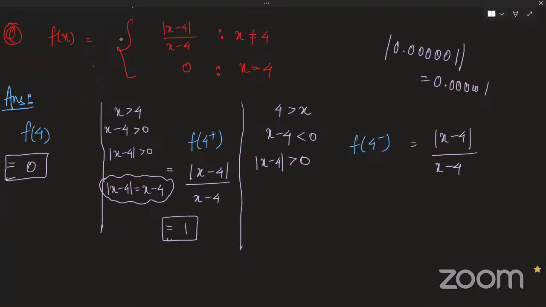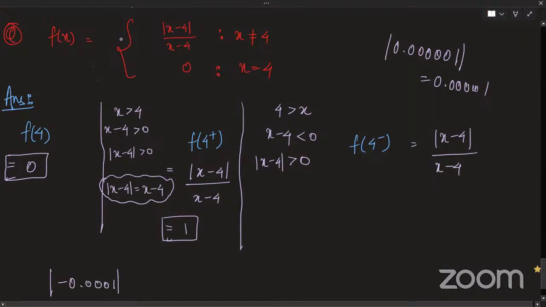So what will happen now to my x minus 4 and mod of x minus 4? My x minus 4 is lesser than 0 and my mod of x minus 4 is greater than 0. Can you think of a relation between both of these? I'll give you an example. Minus of 0.0001, its value is equal to 0.0001.